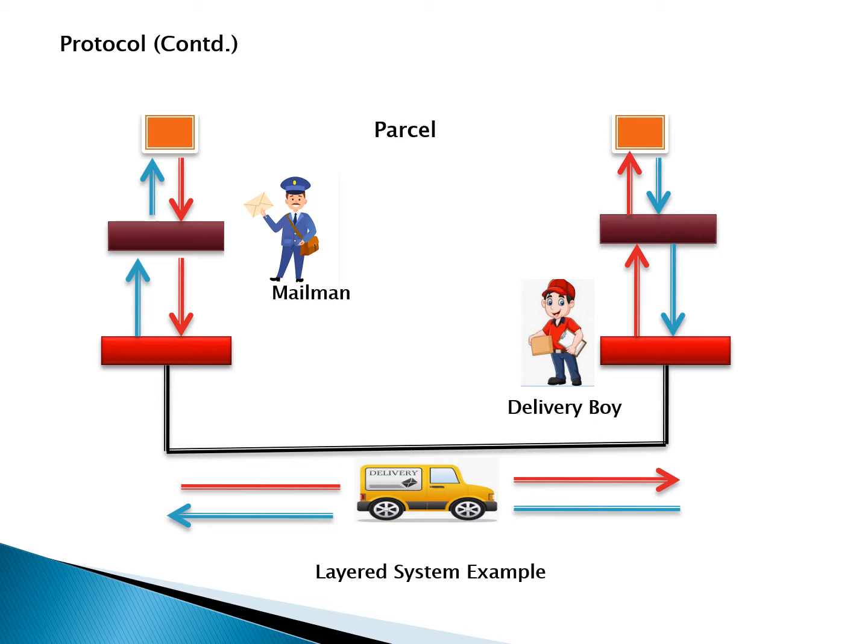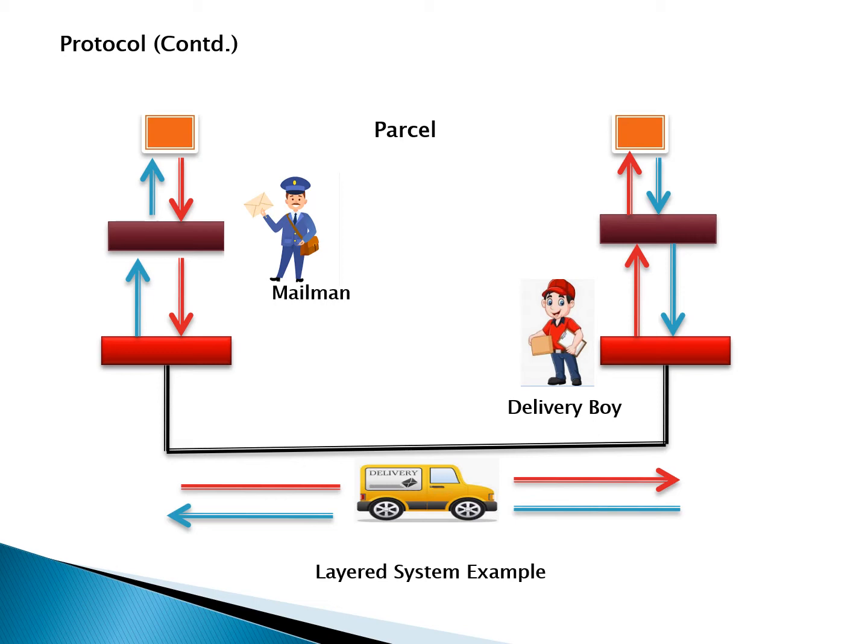Typically, you would have an internal mailman that collects the parcels from the senders and takes them to a mail dispatch room. Then the parcels are placed in a van by the dispatcher and driven to the remote office.